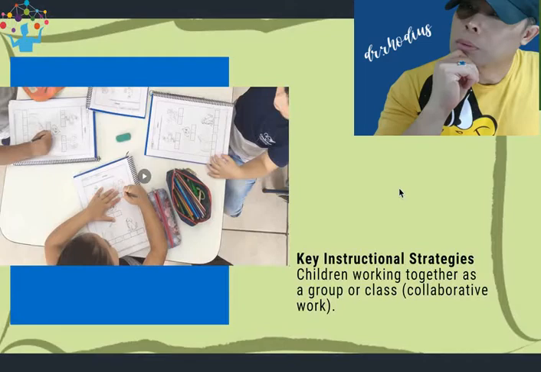You have always been using that, but you always have to bear in mind that when you're doing group work, you really have to plan it. You don't just do group work for the sake of doing group work. So you have to ask, what do I want to achieve with this group work, right? What specific skills, what specific knowledge, what specific value am I going to emphasize?